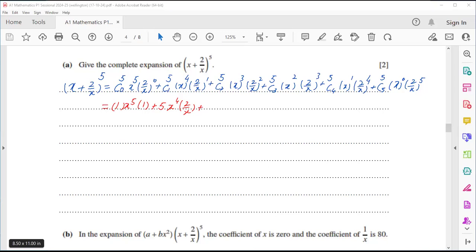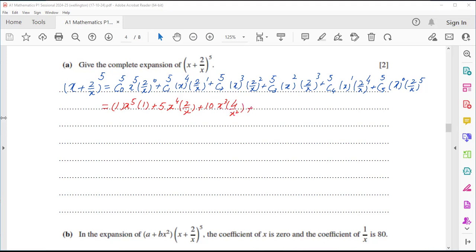That is 5, and then we have shift with this sign C and 2. If I'm not wrong, the answer will be 10. I have to start from here. The answer will be 10x cubed. And then we have 2 by x squared, which becomes 4 by x squared.